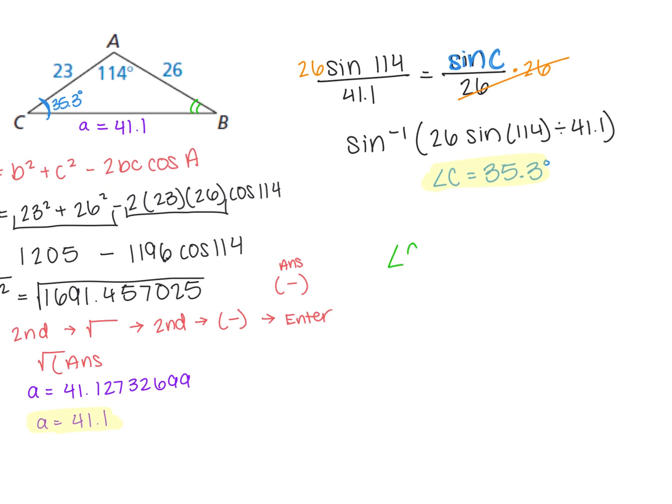So in order for me to find angle B, all you have to do is 180 minus 114 minus 35.3, and that's going to give me my answer. Who could tell me what is the measure of angle B? Good. 30.7 degrees.